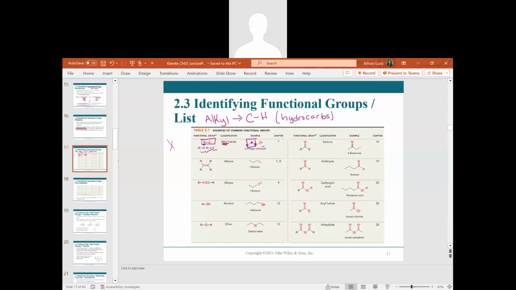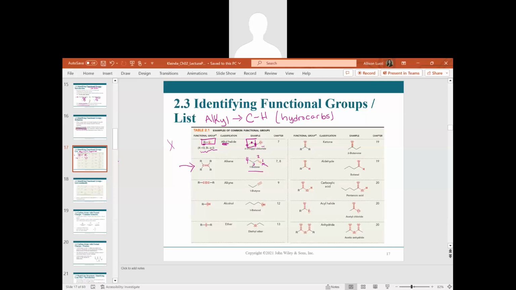Our next functional group, notice that alkane is not listed, but alkene is. When we have a double bond, this would be specifically 1-butene because the double bond starts at carbon 1. If we worked backwards, we would see 1, 2, 3, 4 carbons in our butene. And since it has a double bond, we end with that ENE ending.